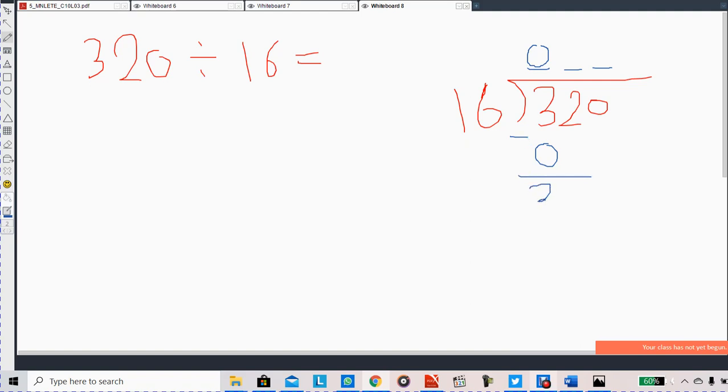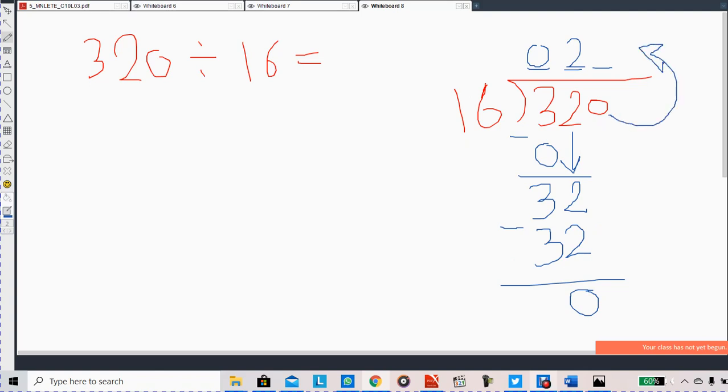It will be 3. Bring down 2. It will be 32 divided by 16. It will be 2. 32 minus 32, we have 0 remainder here. What are we going to do with it? Bring it out.